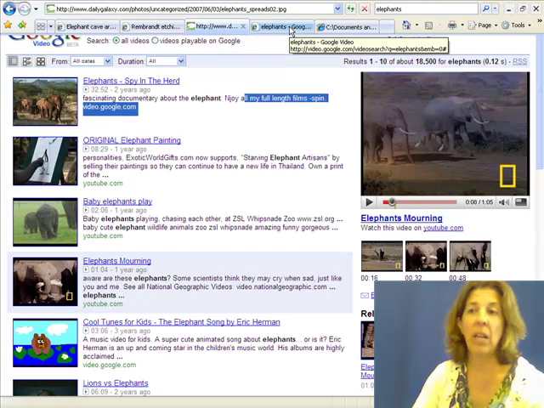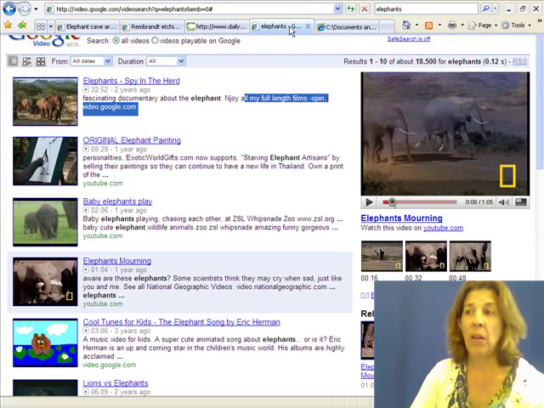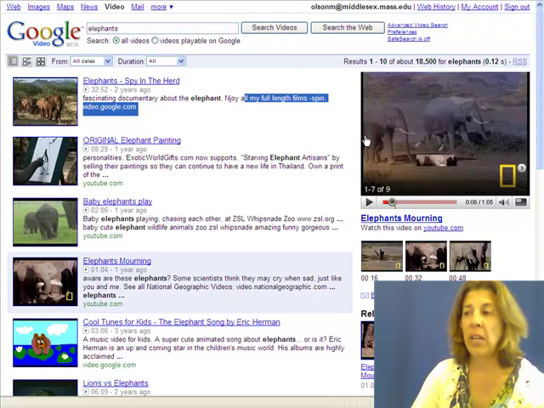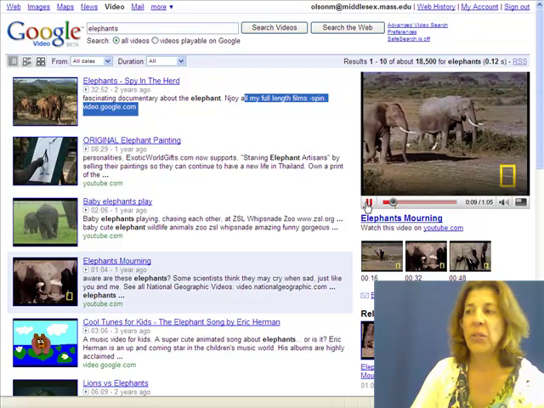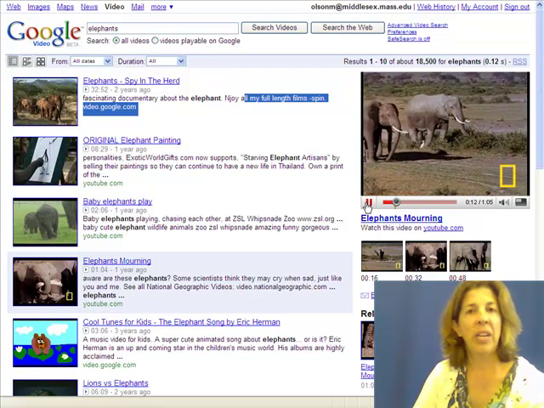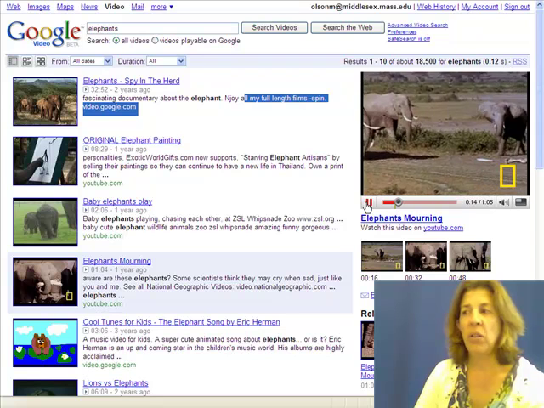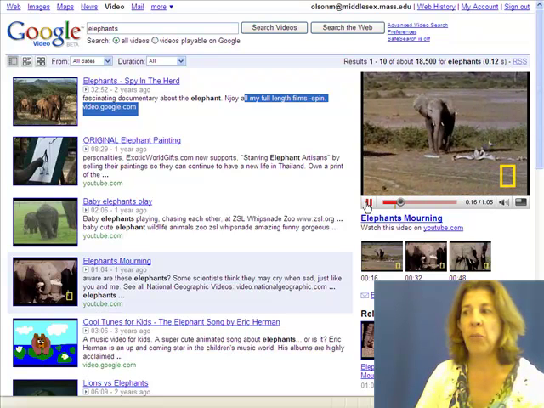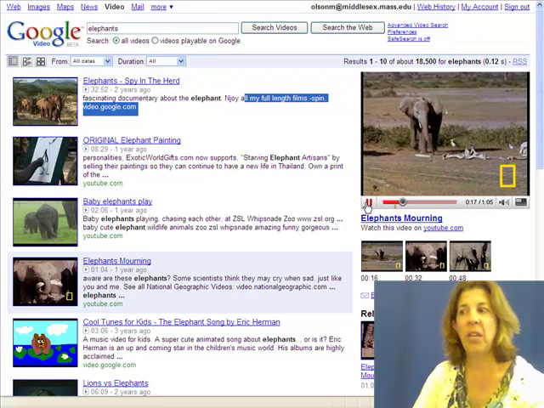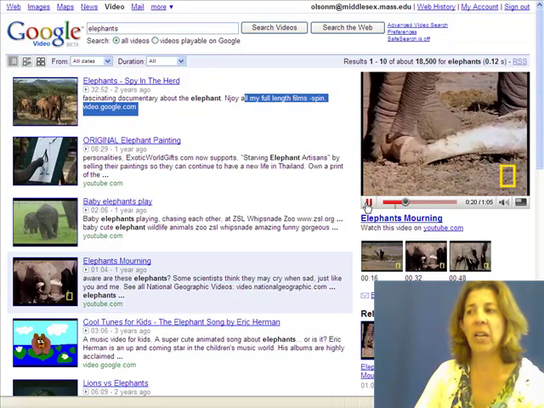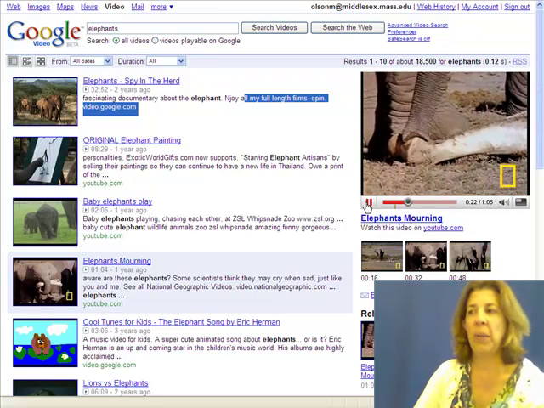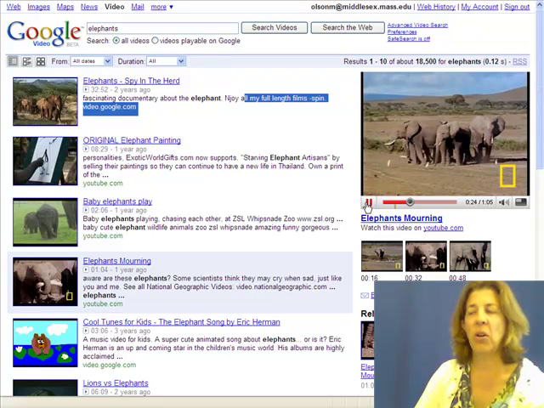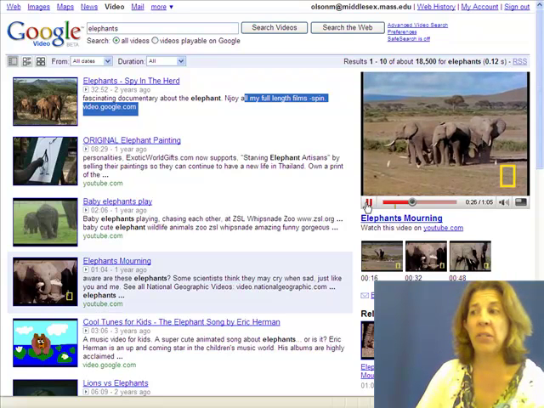Let's look at another example of remediation and greater transparency. Here's a video of some elephants. Looking at this video, you can see what elephants are like when they move. You can see what their environment is like. You can see an elephant, and you can also hear some of the elephant sounds.